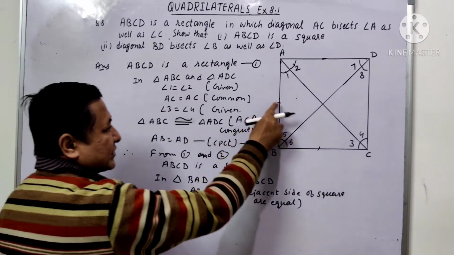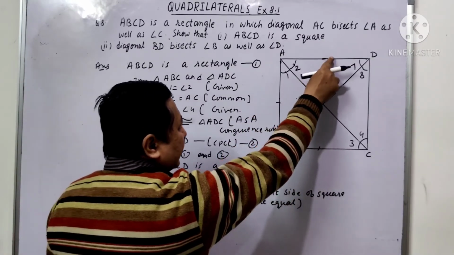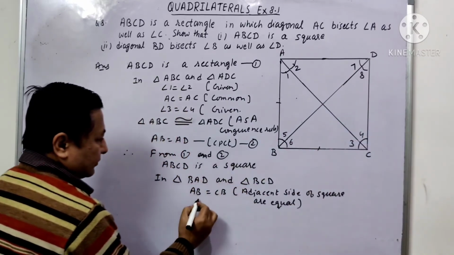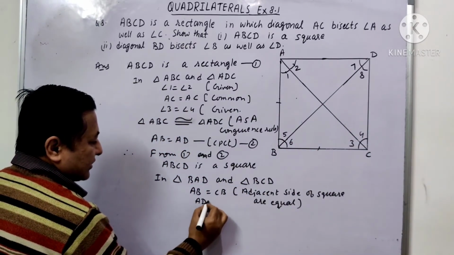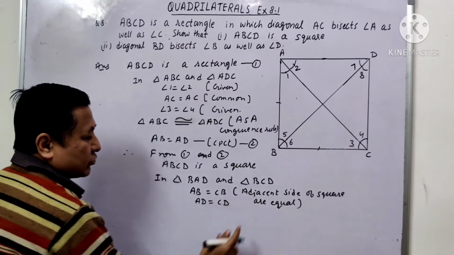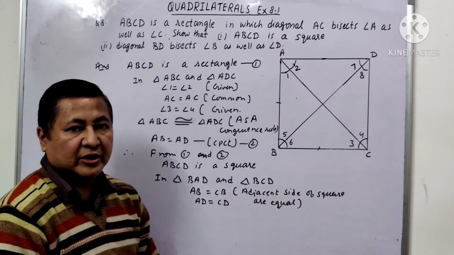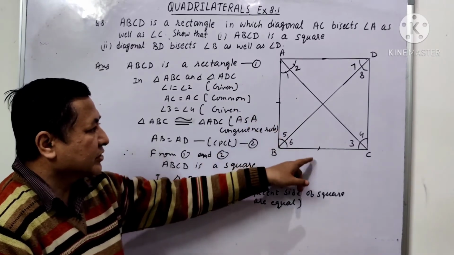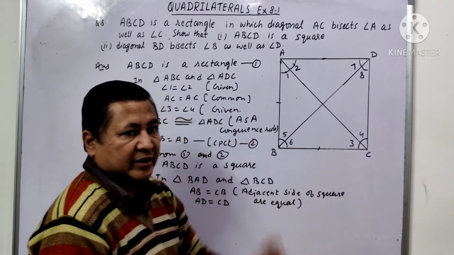Now these two sides are equal. Now AD and CD are also equal, due to the same reason that adjacent sides of a square are equal. This side is equal to this side and this side is equal to this side.